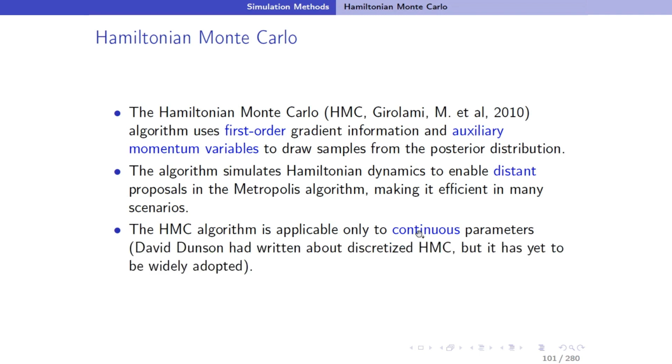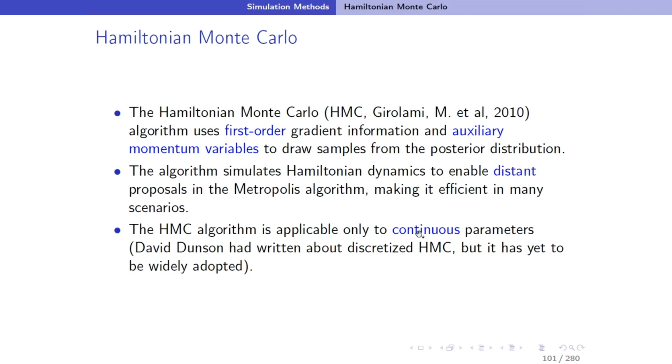So Hamiltonian Monte Carlo uses two things that are, by comparison, much more expensive than Metropolis. One is it asks for first order gradient information, because gradients typically help. Metropolis does not require gradient information at all. And second, it creates this thing called an auxiliary momentum variable.